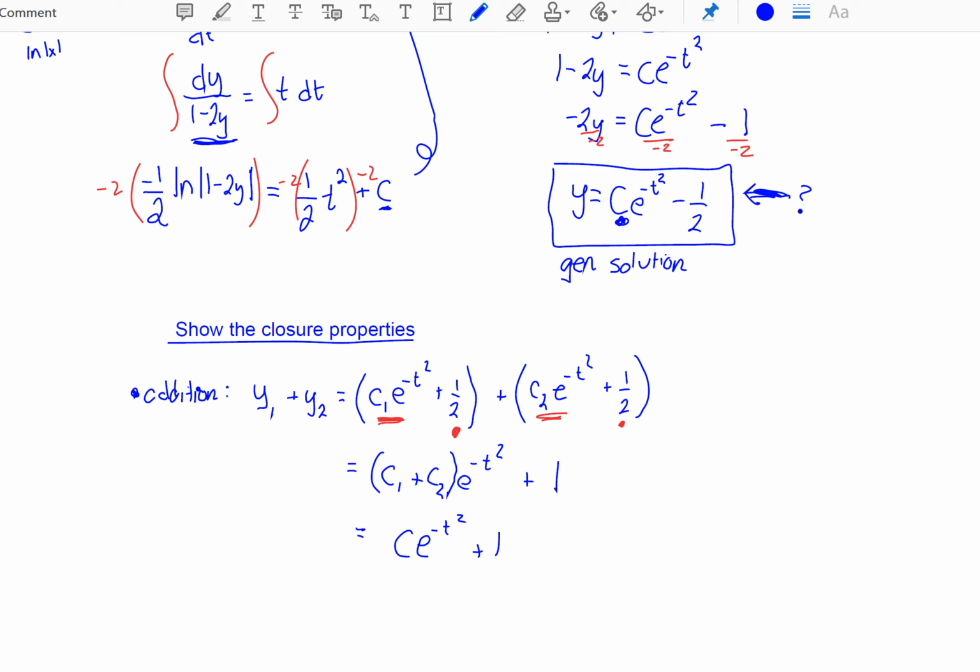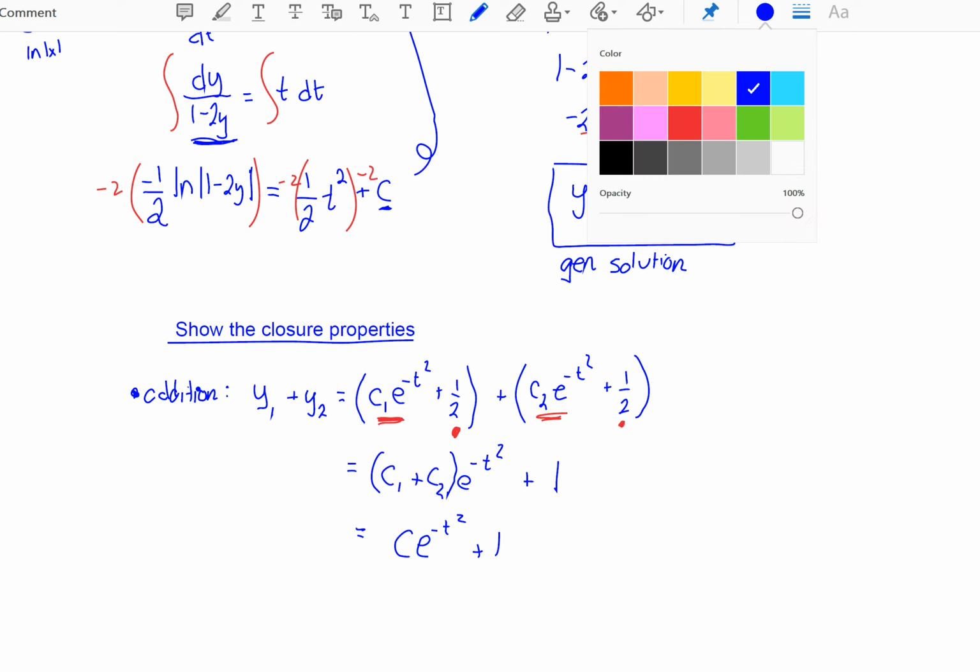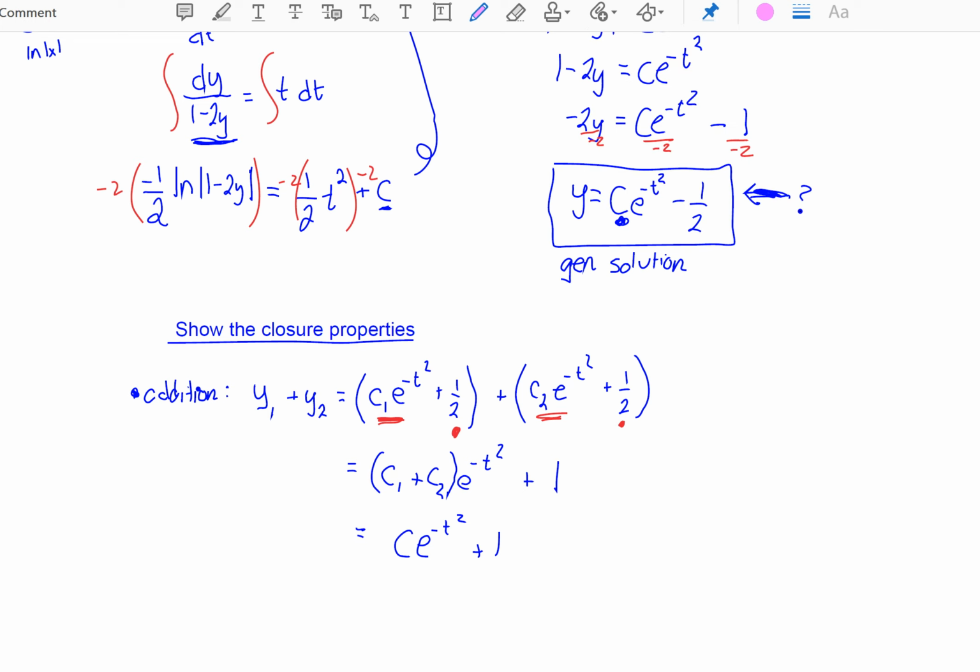And what I'm noticing is the constant terms at the end. Here we had a minus 1/2. That's what our solutions always looked like. But when we add two solutions, we don't have the 1/2 at the end anymore. Now, technically, you might remember that this was going to be our transient solution because it goes to 0, and this was your steady state solution. So these are going to have different steady state solutions. These are not the same.